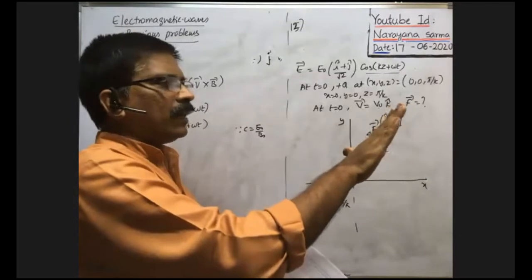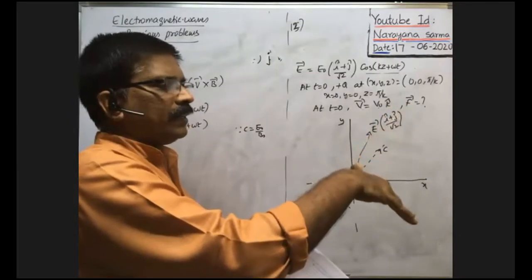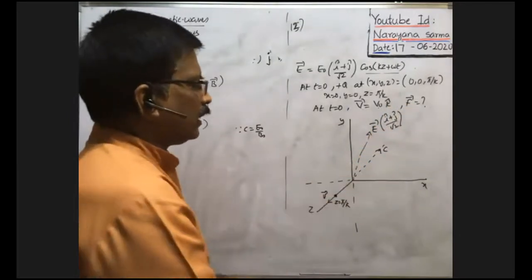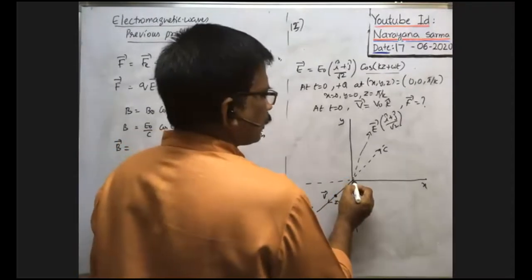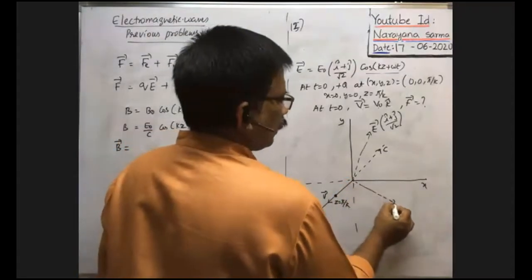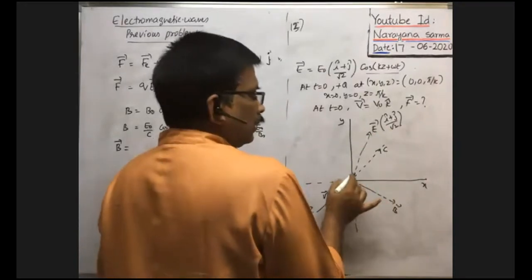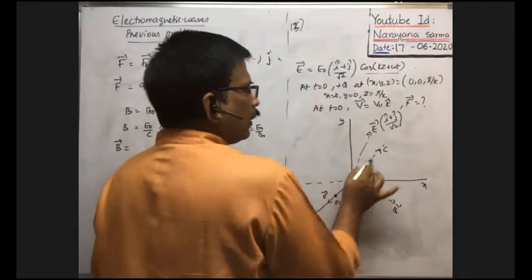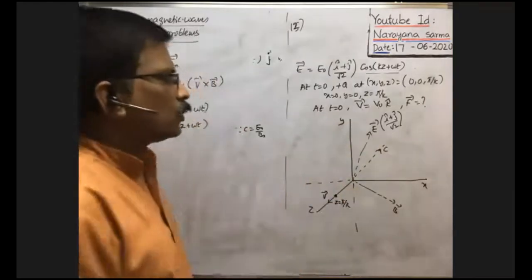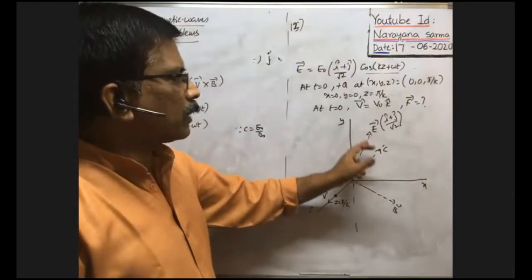Then when you curl these fingers through 90 degrees, that is the direction of the magnetic field. That's why the magnetic field lies in this direction. This is the direction of the magnetic field, and this is the direction of the electric field, and the electromagnetic wave travels along the negative z axis. So definitely the magnetic induction is perpendicular to this one.